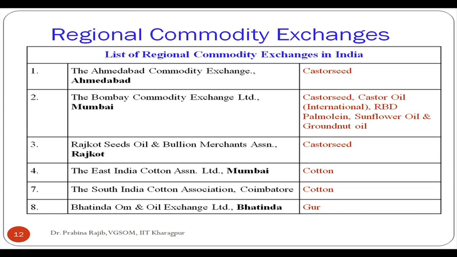National commodity derivative exchanges like NCX, NCDEX, etc. will be able to offer futures contracts on all these 15 underlying commodities. However, regional commodity exchanges have to get approval or license to offer contracts on each of the commodities in which they are interested to offer derivative contracts.